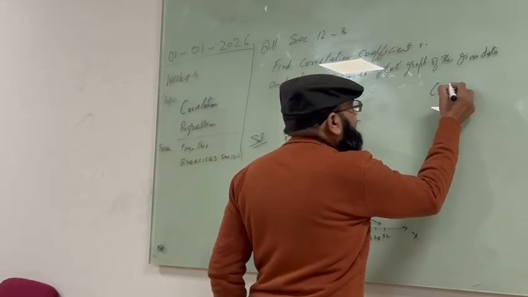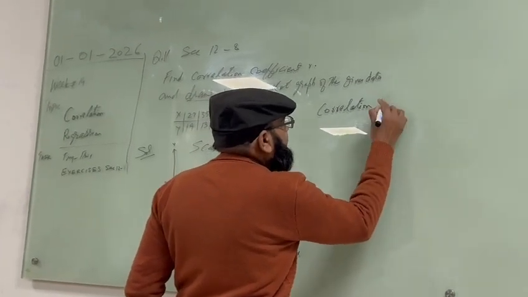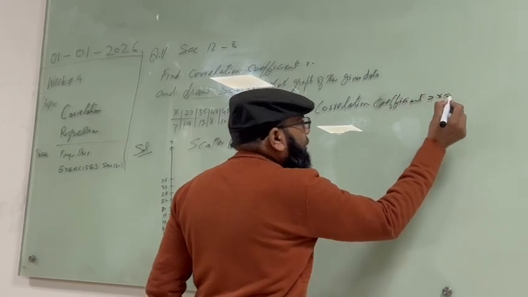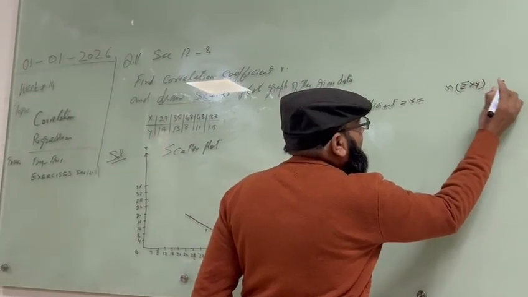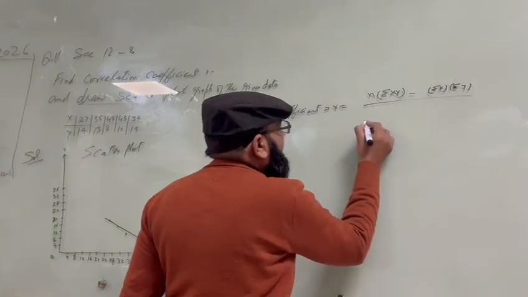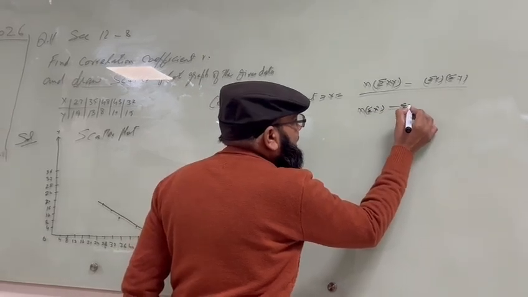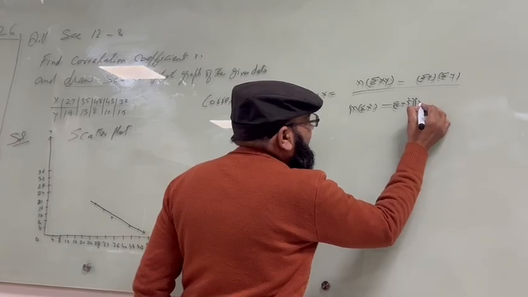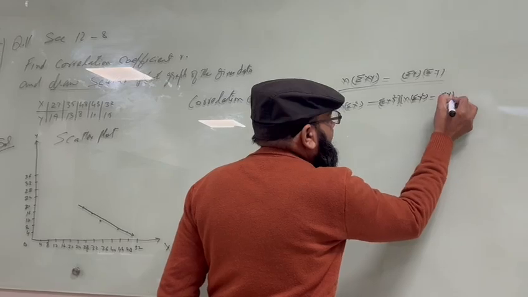The correlation coefficient R formula is: n summation xy minus summation of x times summation of y, over the square root of n summation of x square minus summation of x whole square, and n summation of y square minus summation of y whole square.